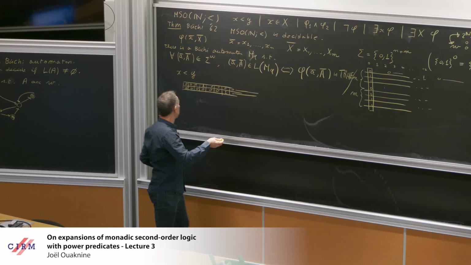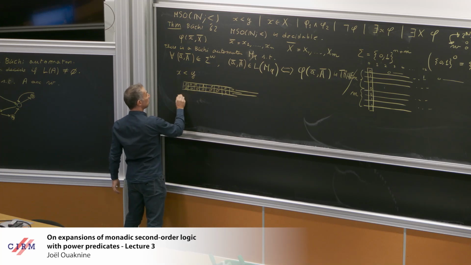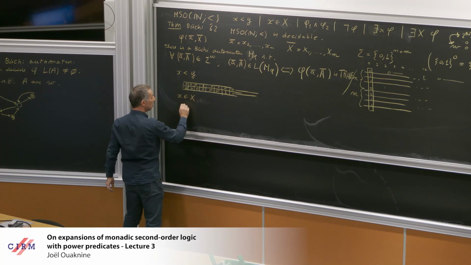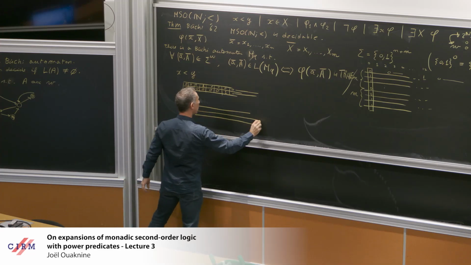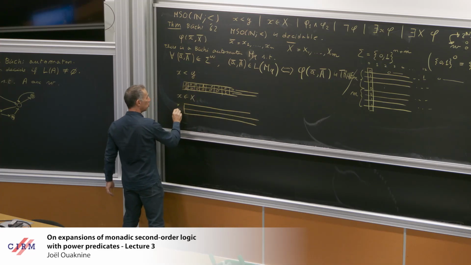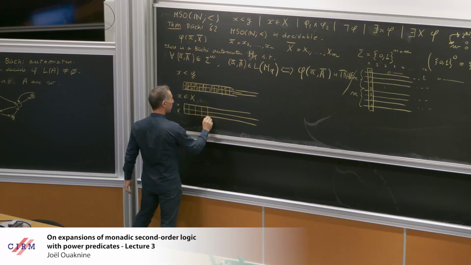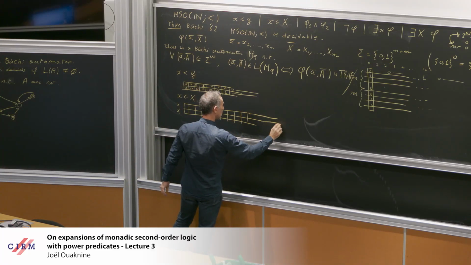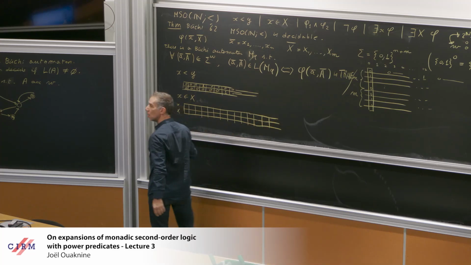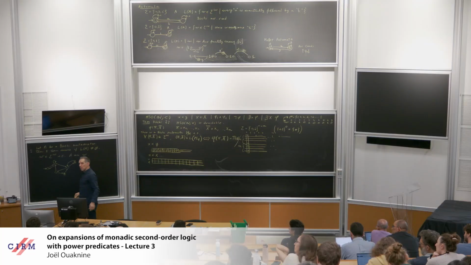What do I have next? x belongs to X. So here again, I've got only two tracks: a track for little x, and a track for big X. For Büchi automata, if you've got two automata, you can accept the ands and the ors of the languages.